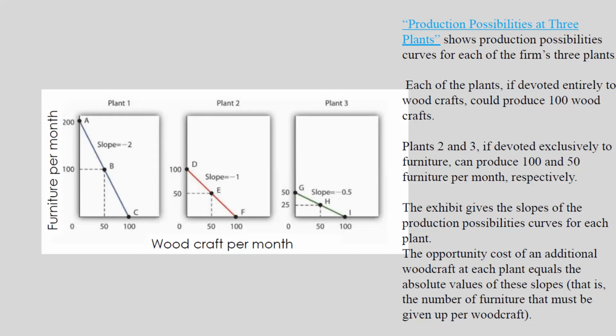Is it clear in the sense that you should be able to interpret a production possibility curve if it is given in an assignment or an exam? So if you are asked to describe what this production possibility curve reflects, you should be able to describe it clearly. Can you confirm whether it is clear or not?